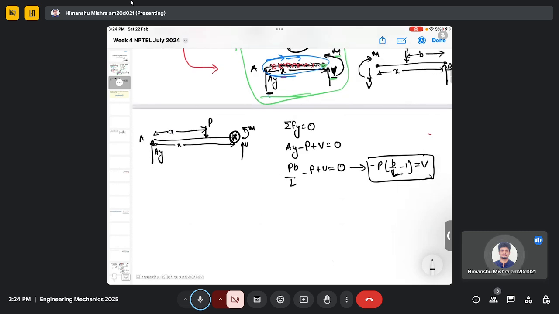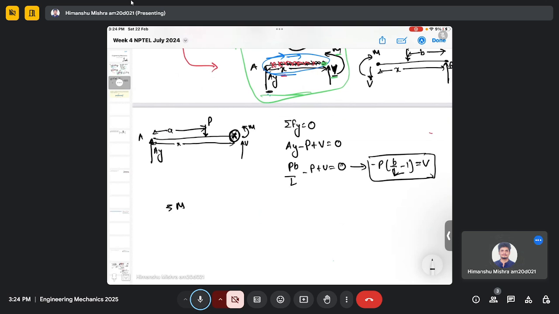And if I do the moment balance analysis at this point, I will have Ay x, which has a clockwise rotation along this point, so it's positive, and P will have anti-clockwise, so it will be P, and the perpendicular distance is x minus a, minus M equals 0.